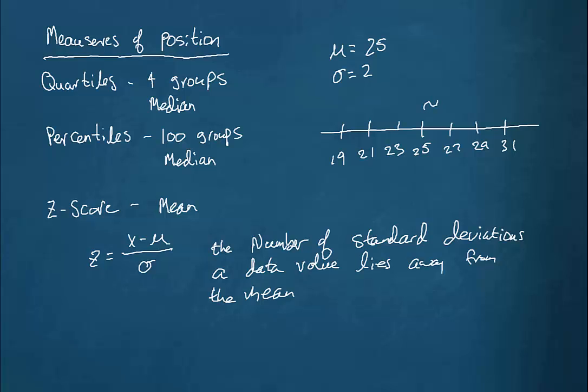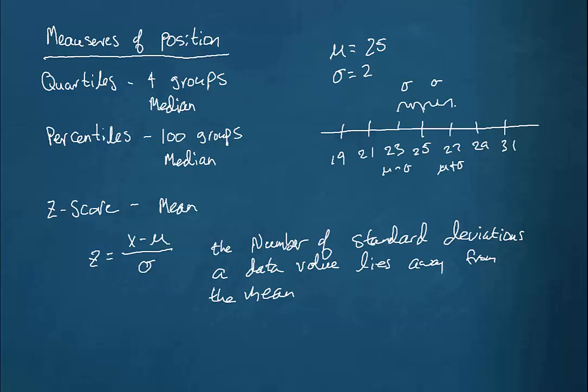So if I go 2 units to the right, that's really just 1 standard deviation to the right. If I go 2 units to the left, that's 1 standard deviation to the left. So 27 would represent mu plus 1 sigma. 23 would represent mu minus 1 sigma.